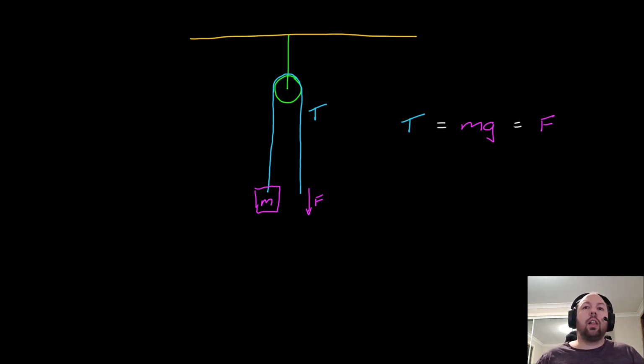So while it looks like the two forces that are being applied, the weight of the object and the force, are acting in the same direction, it still works out that all of the forces at any particular point balance. Because if we consider just the mass, then the weight is acting down and the tension of the rope at that point is acting up.